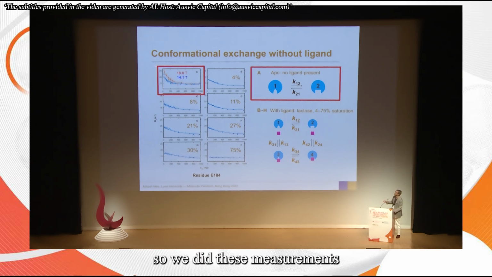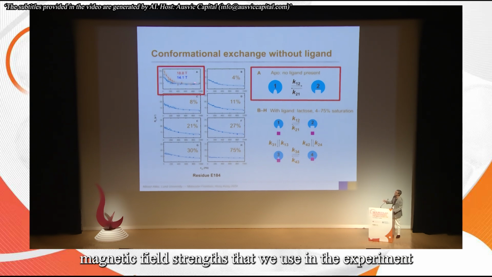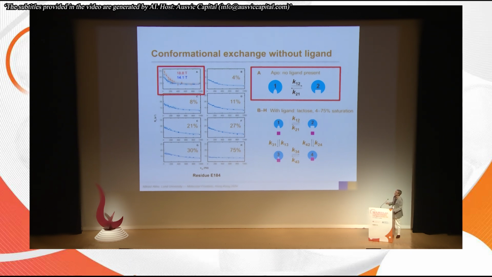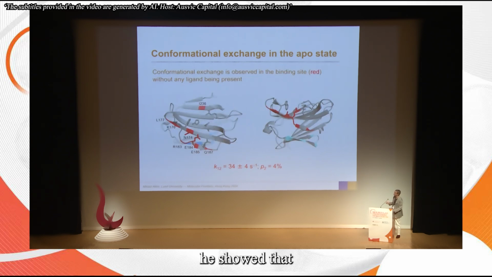So he did these measurements, and you see that there are these curvatures in the lines. The numbers here correspond to different magnetic field strengths that we use in the experiment. Nothing much to bother with at this stage. And analyzing all the data, he showed that residues right here in the binding site show conformational differences, even in the absence of ligand.